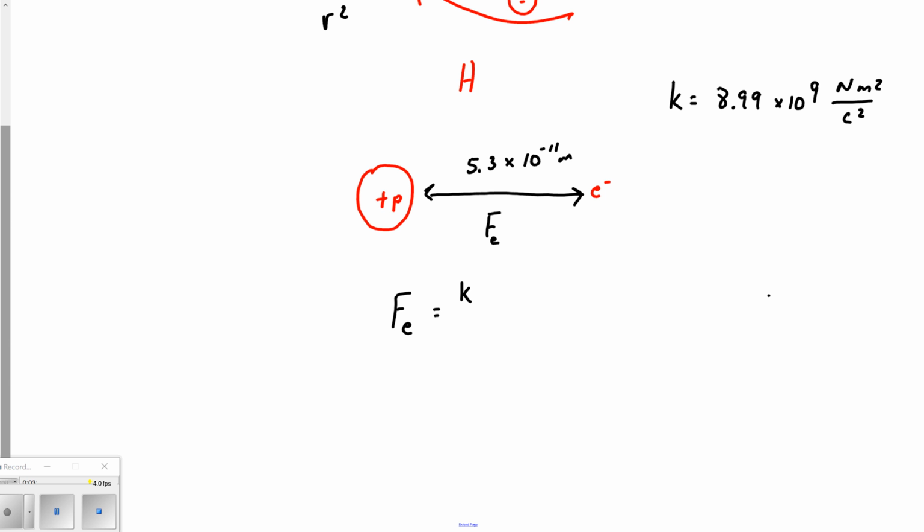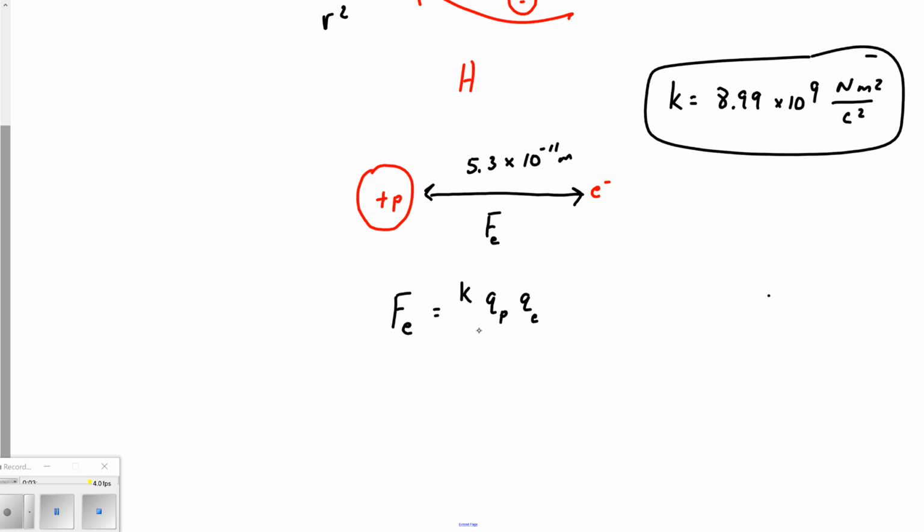So there is our unit for Coulomb's constant. Now we know our constant K, and if we want to find the force between the proton and electron in hydrogen, all we've got to do is the charge of the proton times the charge of the electron divided by the radius squared, this separation between the two.